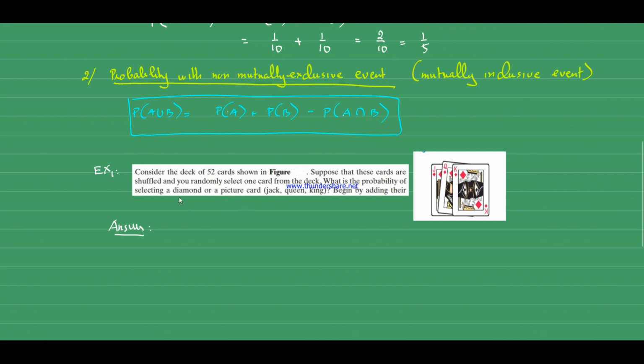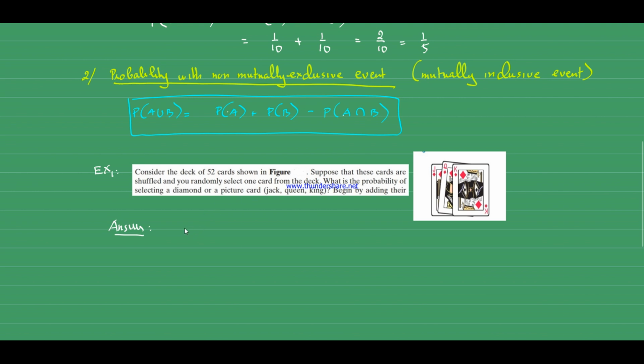Now, if you notice, the picture cards, Jack, King, and Queen, could have a diamond shape inside. So the diamond event and the Jack, King, Queen picture cards share something in common. They are on the same card, right? Jack, King, Queen, they have diamond also, so they share something in common.